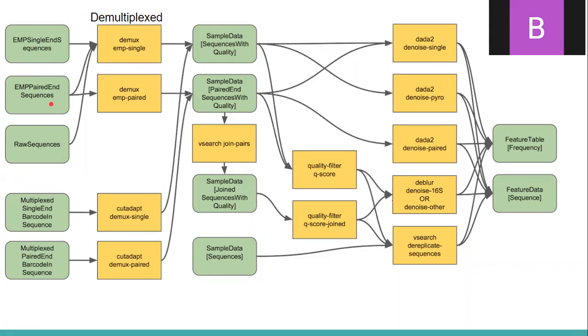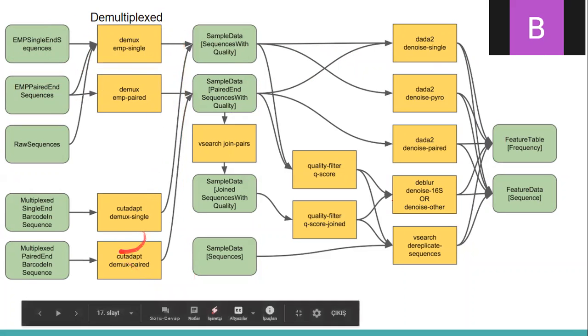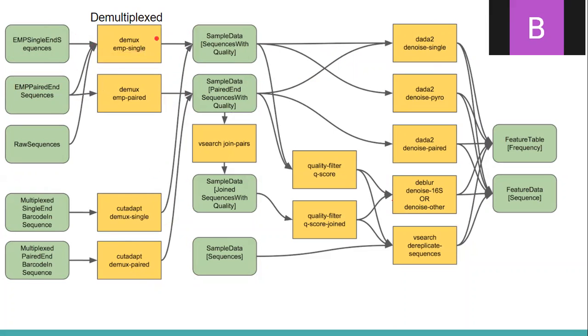Okay, right now we're going to use the demux EMP single-end method, but we can also use the cutadapt method as an alternative. But we are not going to mention this one today. I'm going to mention this one. Okay. Next, we're going to demultiplex our sequences.